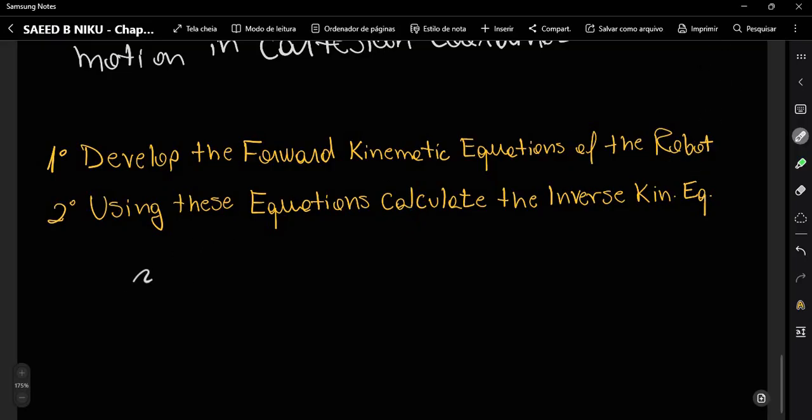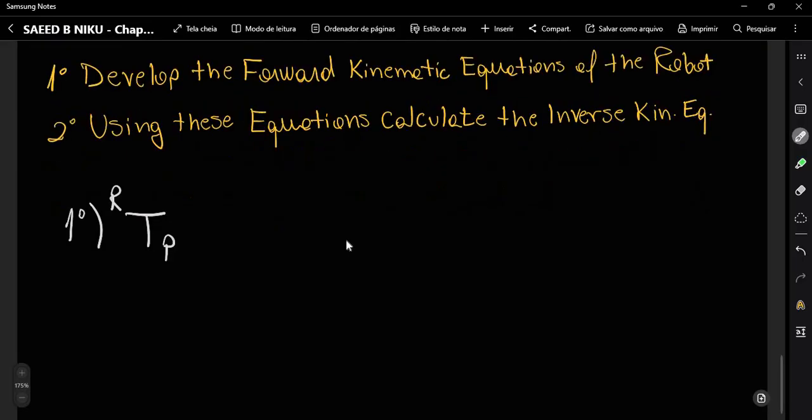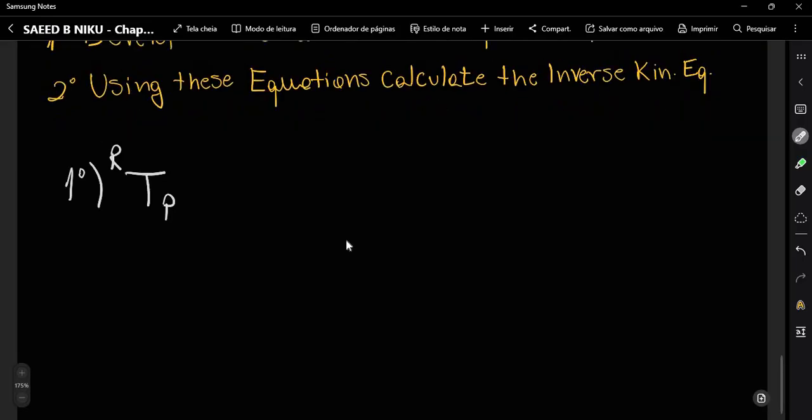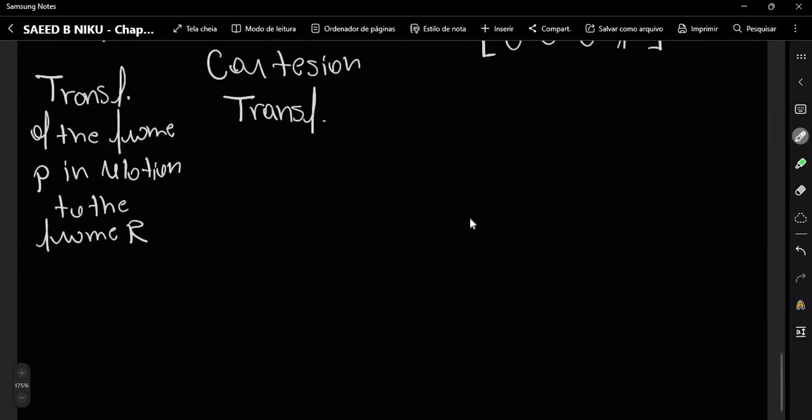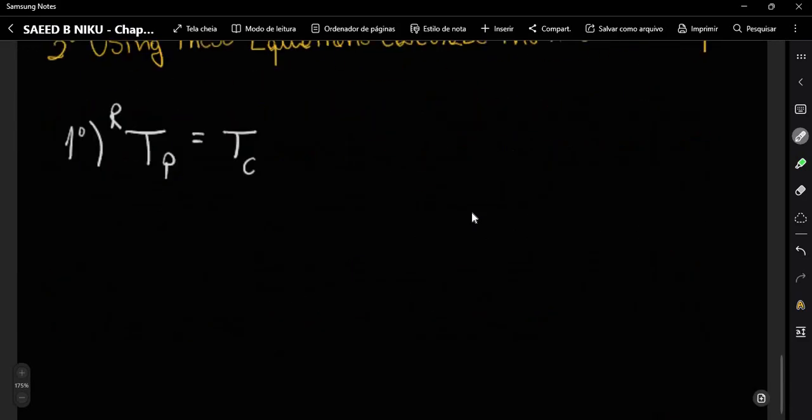So is a transformation of the point in relation to the reference system of the robot, but we wanted to know how to do this movement, this task in Cartesian coordinates. So is Cartesian transformation.